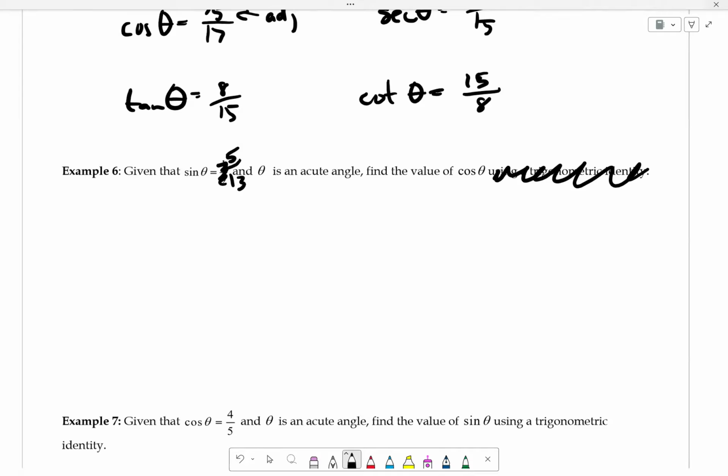Yeah, find just the cosine theta. You can find the rest if you like. Yeah, you can cross that out. I'll tell you about it later. It has to do with trigonometry. You're welcome.